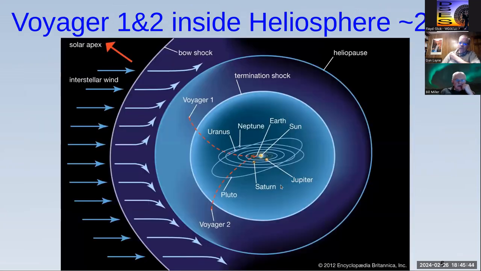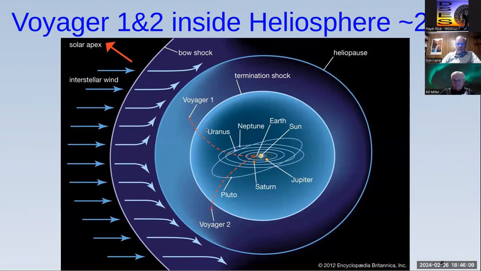So we're going to start this tour back in about 2010 in the heliosphere. This is from the Encyclopedia Britannica 2012, and this is a schematic of the heliosphere. It's got the sun in the center, the planets and Pluto, and then the termination shock. Between the termination shock and the heliopause is an area called the heliosheath.